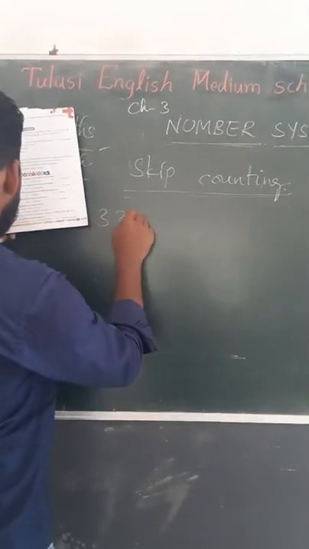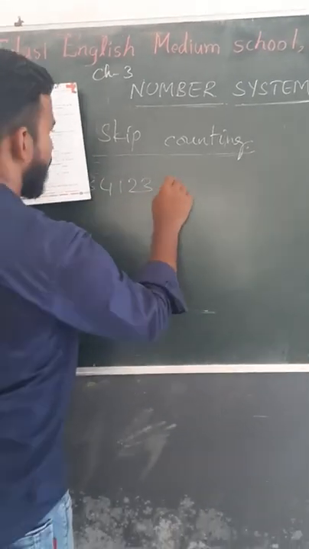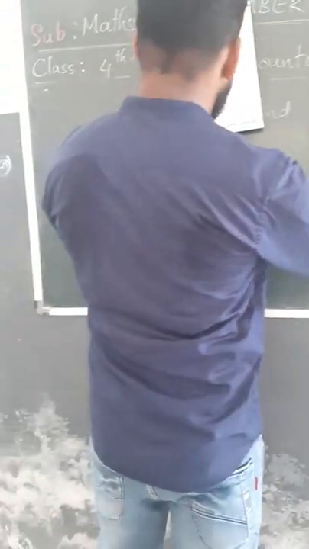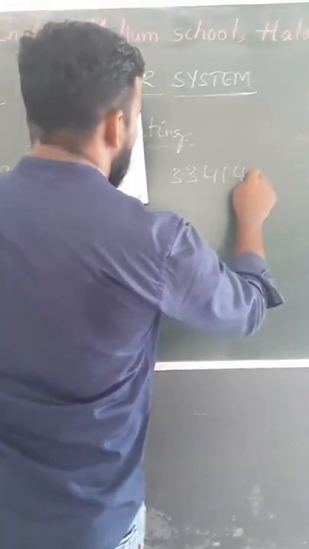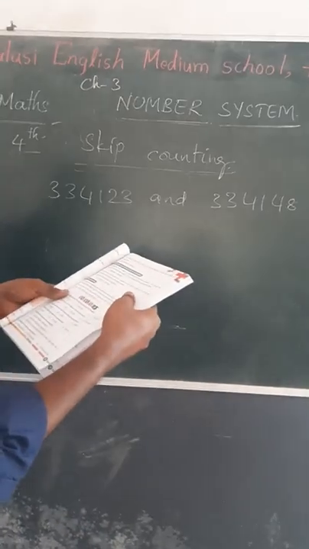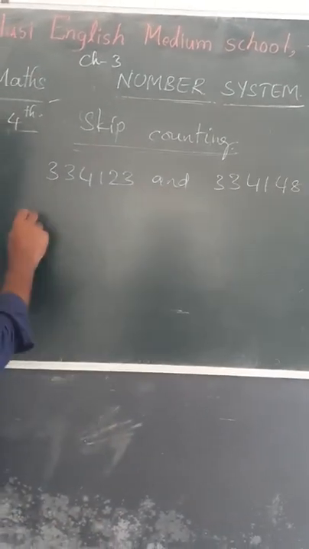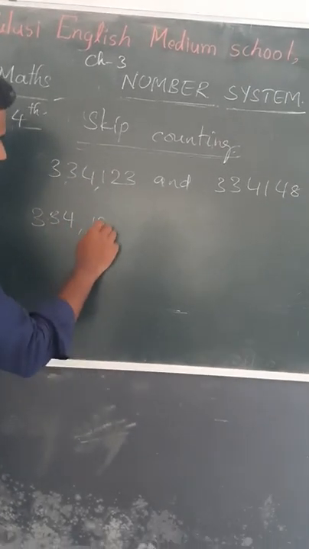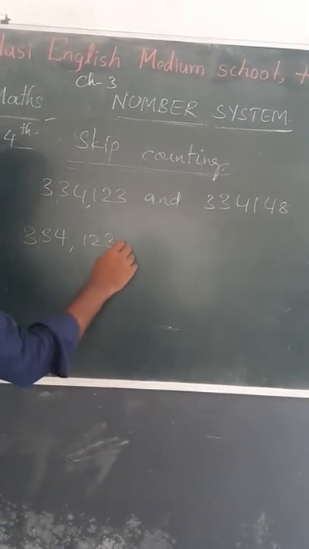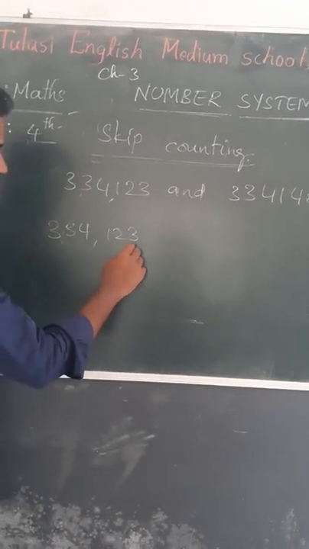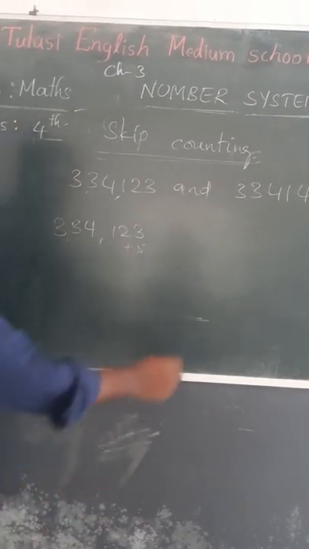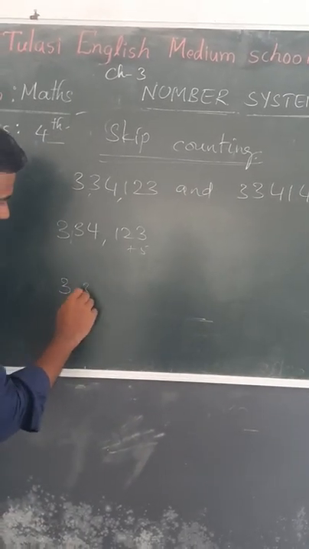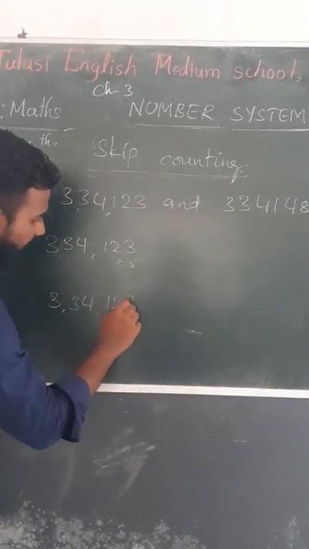Counting by 5, write the numbers between. Between these two numbers, counting by 5, write the numbers between. So the first number is 3,34,123. When you add 5 to this number, what will we get? 3,34,128.